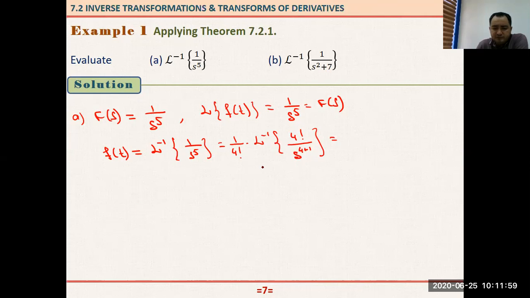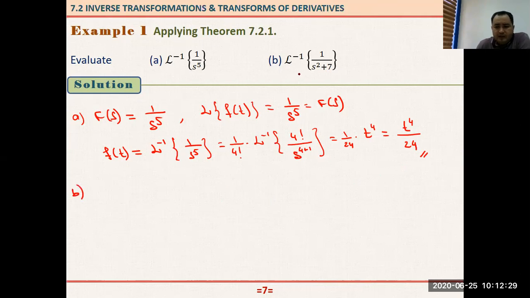We know that the Laplace transform of t to the power 4 gives us this. So that's equal to, 4 factorial is 1 times 2 times 3 times 4, which is 24, so 1 over 24 times t to the power 4, or simply t to the power 4 over 24.